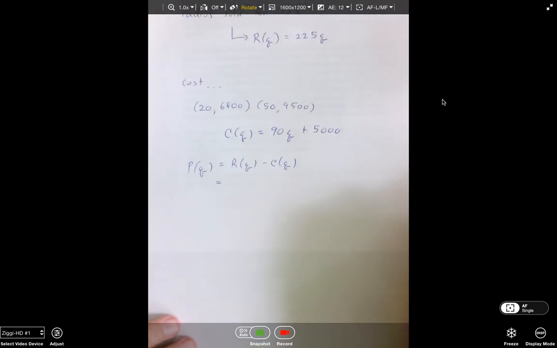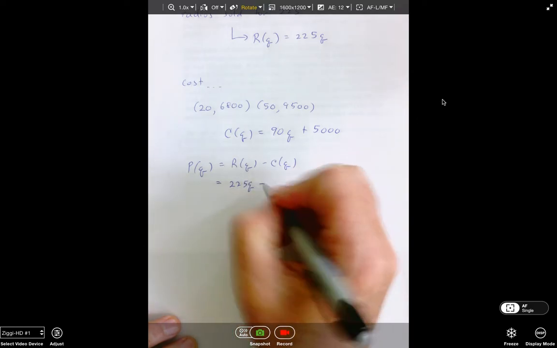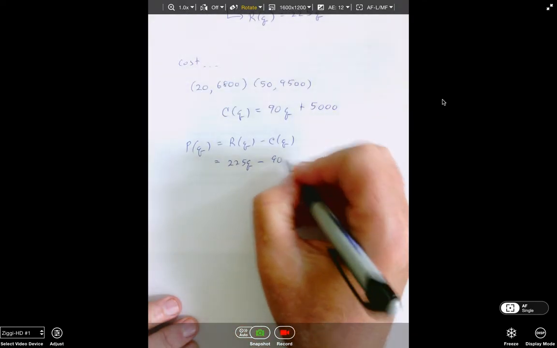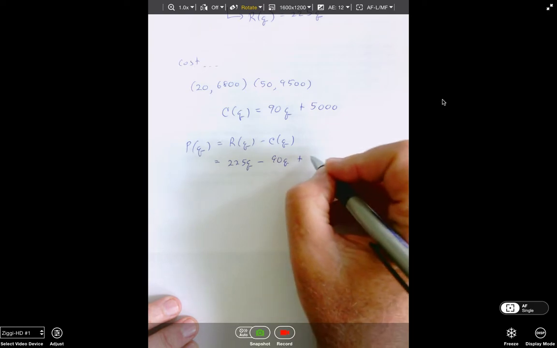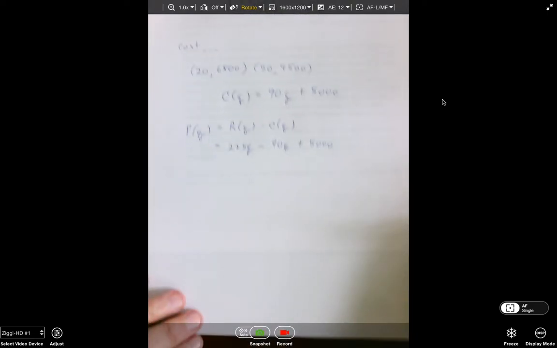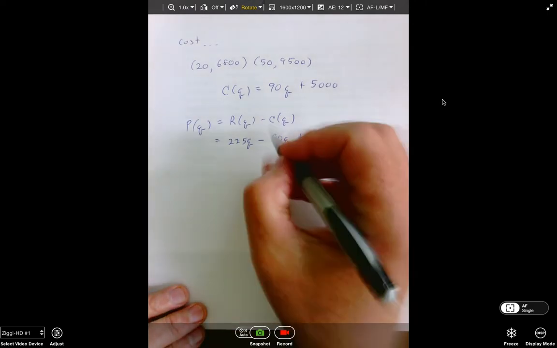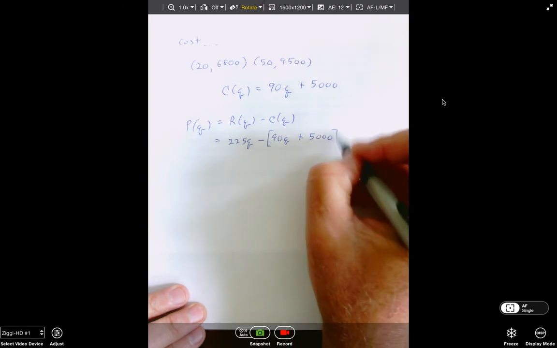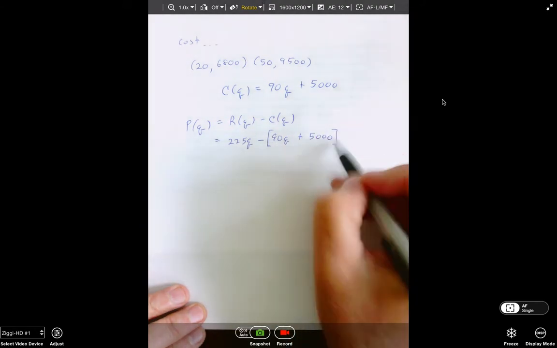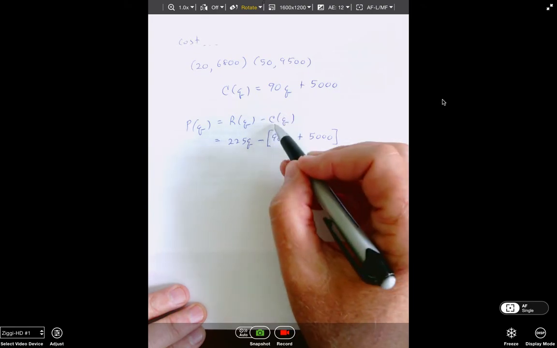So revenue was 225Q minus 90Q plus 5,000. Now, guys, if you want to get the problem wrong, do that. You're going to get it wrong. This cost function has to be the whole thing. This negative sign applies to the entire cost function.